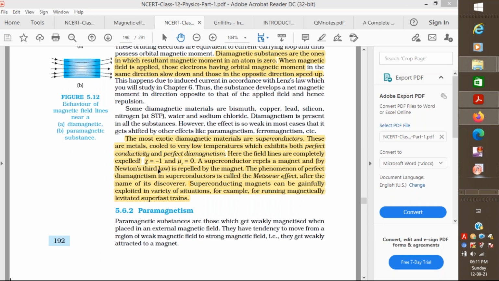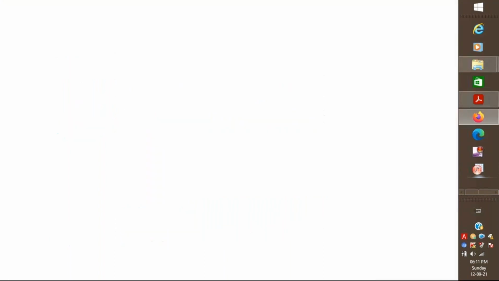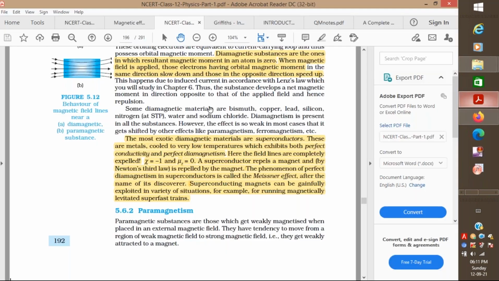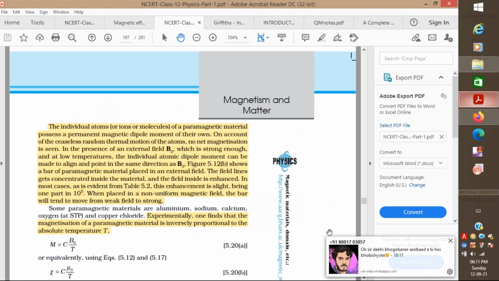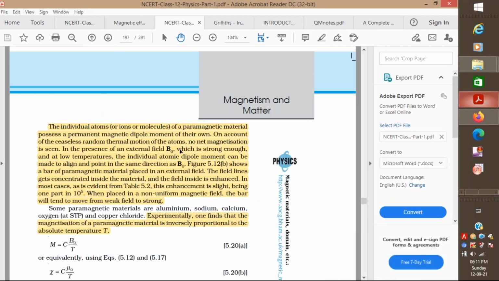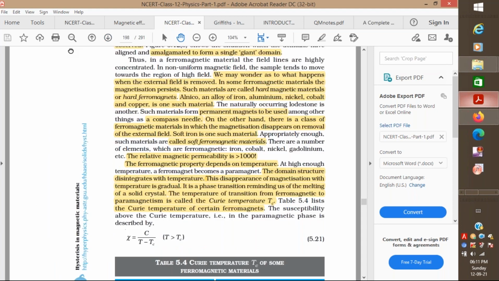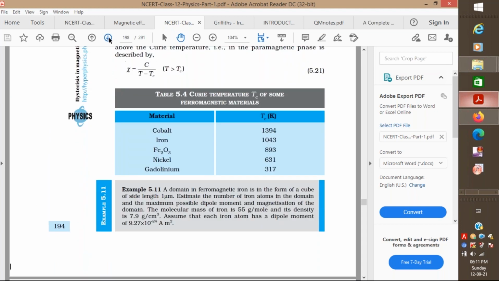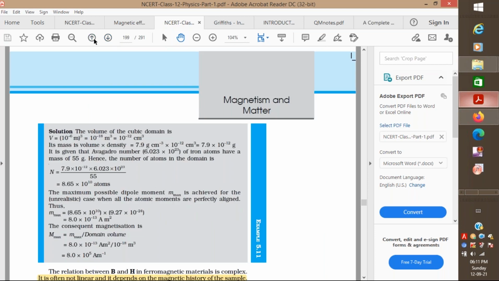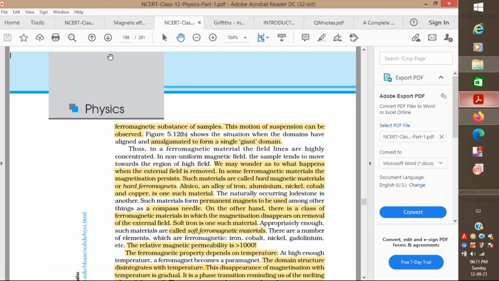So basically, today we are going to learn what is paramagnetism, what is the possible origin of paramagnetism, what is ferromagnetism, what is the possible origin of ferromagnetism, and there will be something called the hysteresis loop, which is actually exhibited by ferromagnetic material.